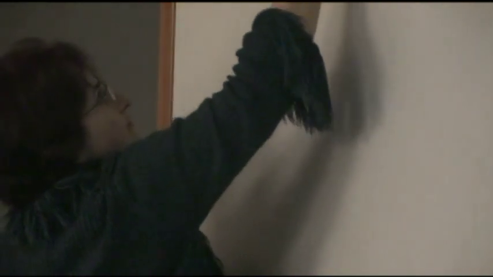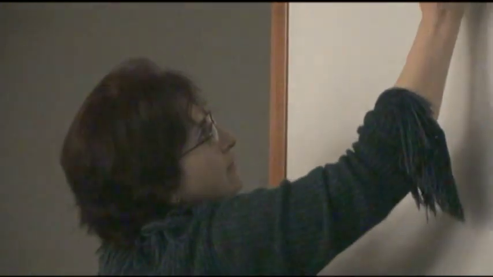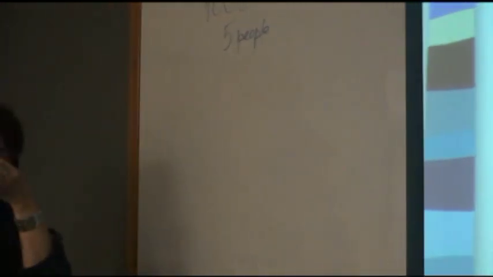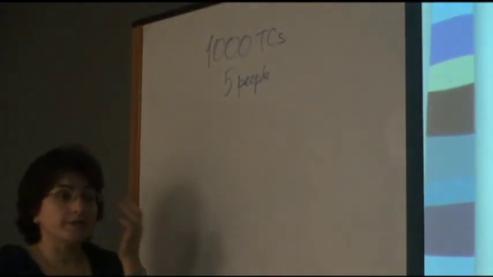But let's say at the end you arrive at a state where you have 1,000 test cases, and we have a team of 5 people. And we are somewhere at the design or coding stage. And we need to put some numbers in a test plan.